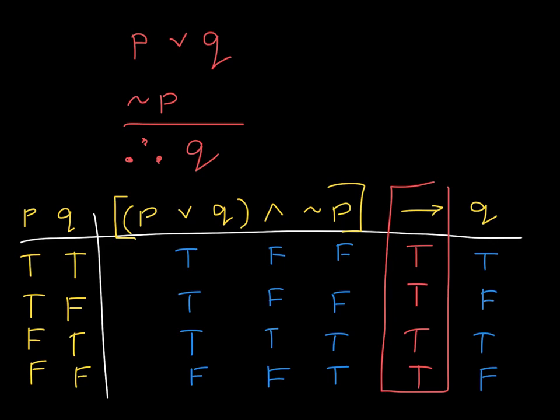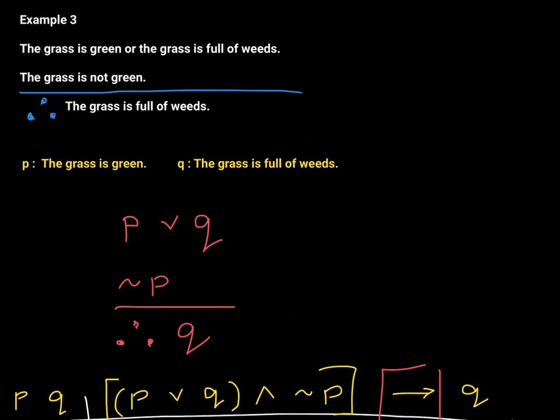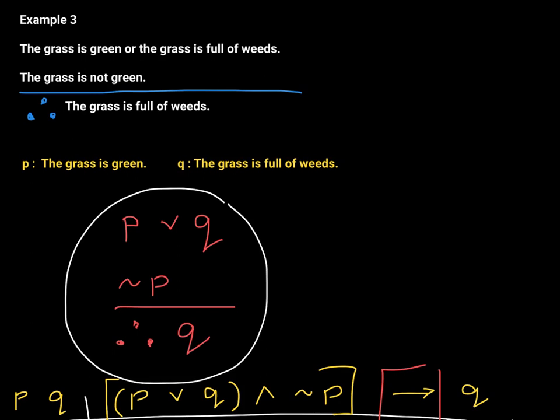All right, this form here, this is our next important form, where we have P or Q, and then they gave us not P, therefore Q. This is called disjunctive syllogism.